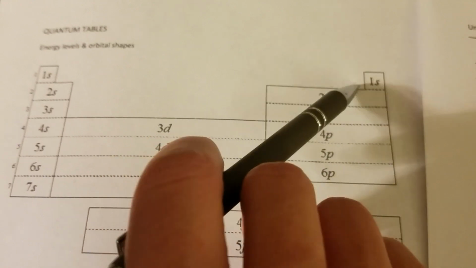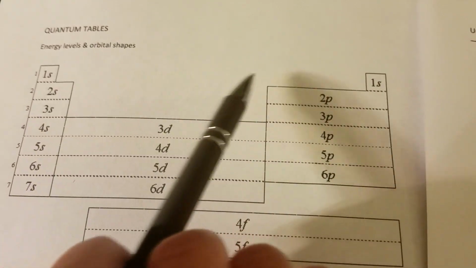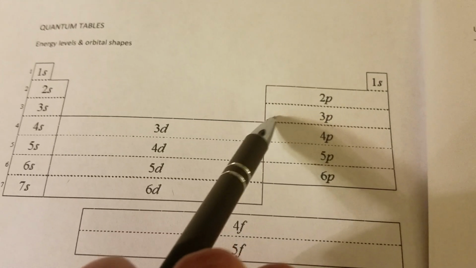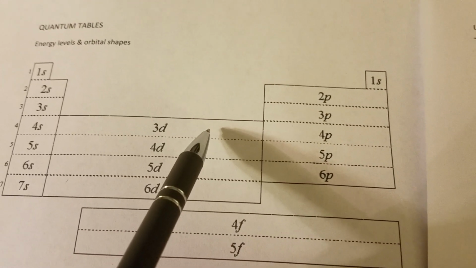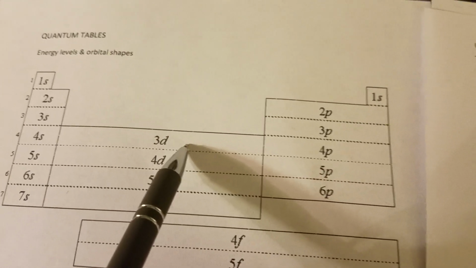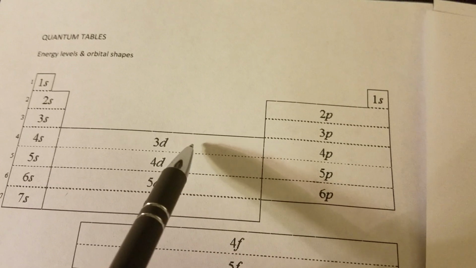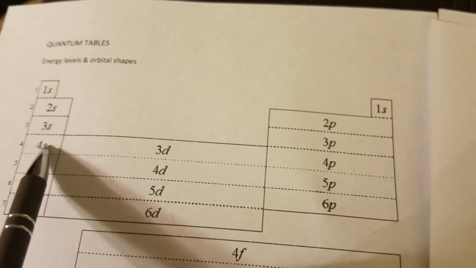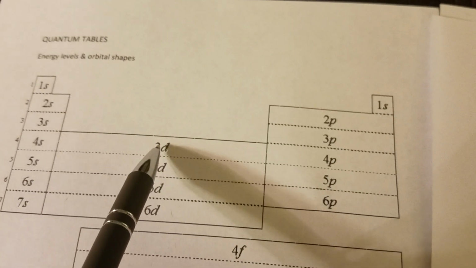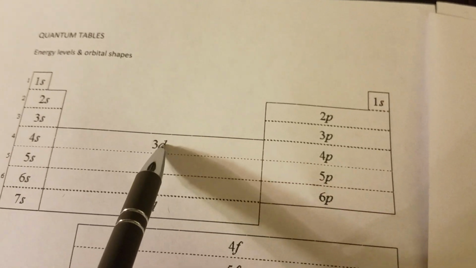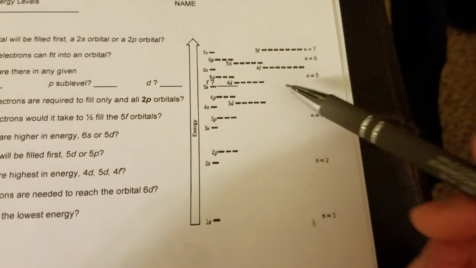It's 1s, then 2s, 2p, 3s, 3p, and we have a 3d, but it's down here. Remember we were talking about like the junior high kid playing on the junior varsity team, okay, or being boosted ahead a grade. So our 4s has a little bit more energy than 3d. 3d then has less energy than 4p.